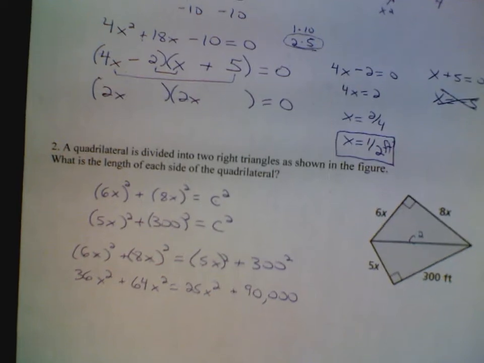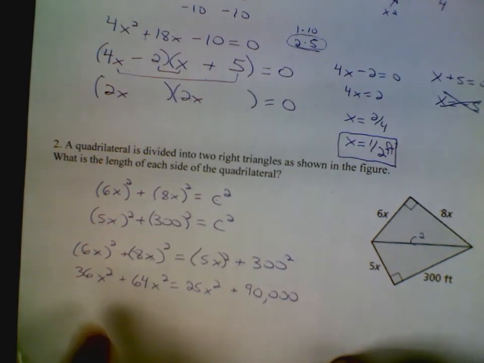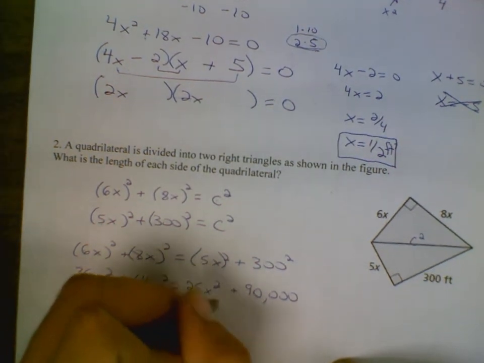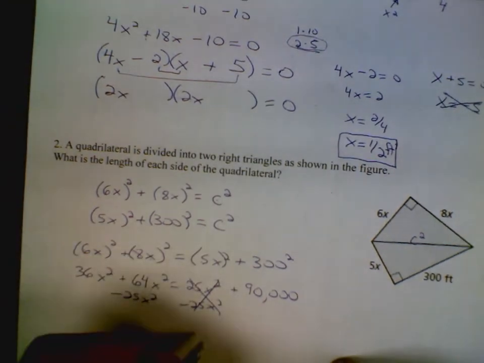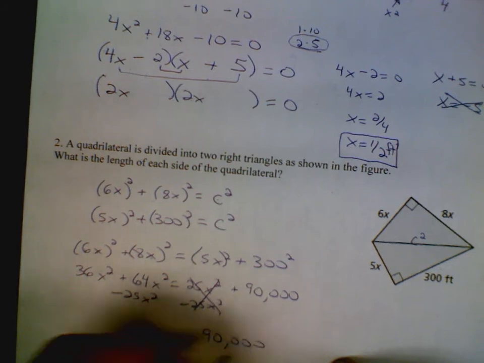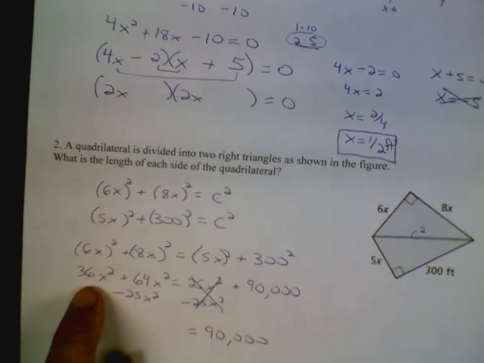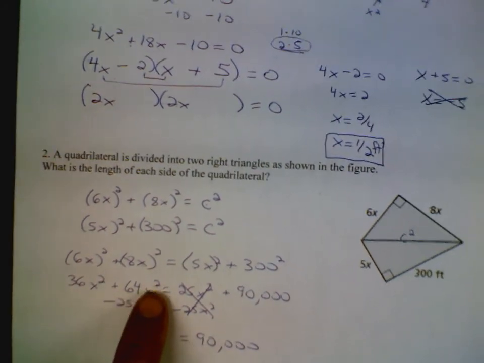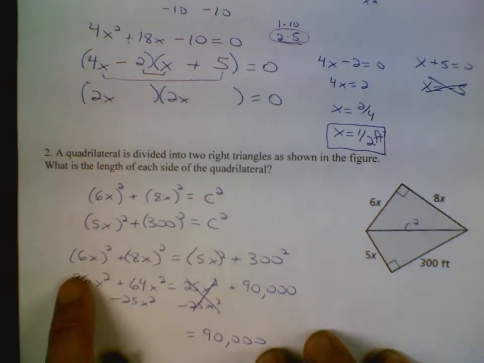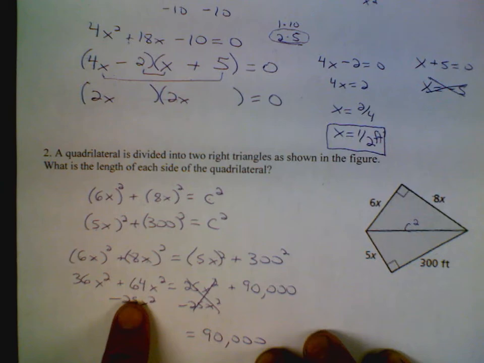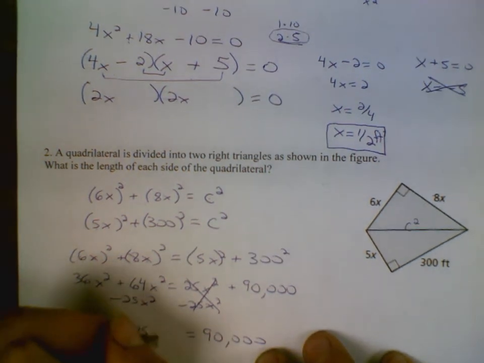Then I want to get all the x's onto one side, so I'm going to subtract 25x squared from both sides. I get 90,000 equals 36x squared plus 64x squared minus 25x squared. Well, 36 plus 64 is 100, and if I subtract 25, that gives me 75x squared.